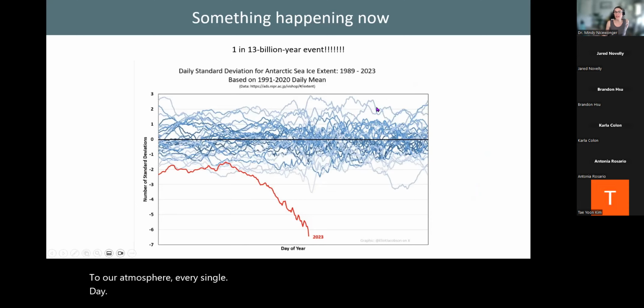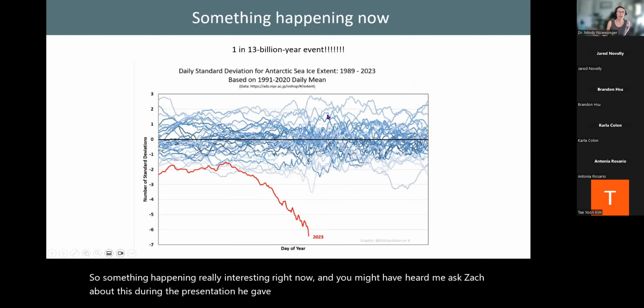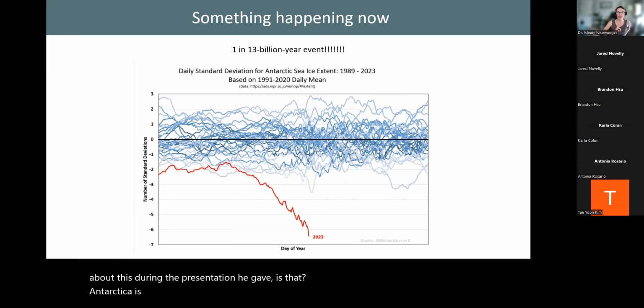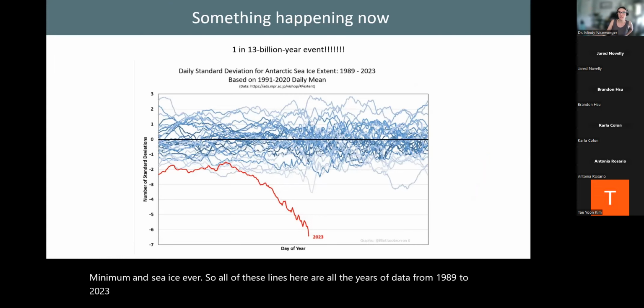Okay, something really interesting is happening right now, and you might have heard me ask Zach about this during the presentation he gave: Antarctica is seeing the most unbelievable minimum in sea ice ever. All of these lines here are all the years of data from 1989 to 2023, so nearly 40 years of data. And this year is red.